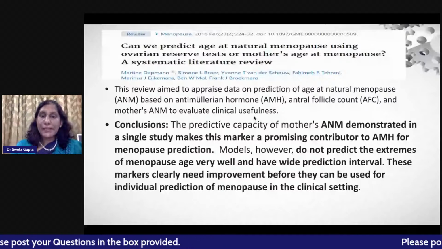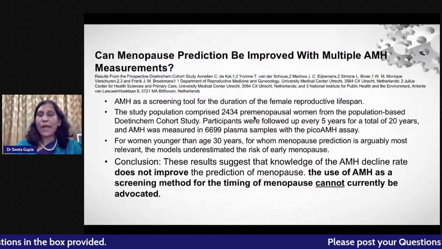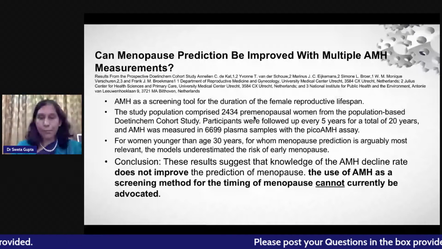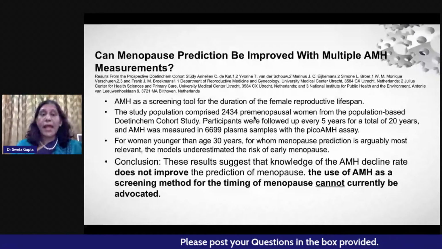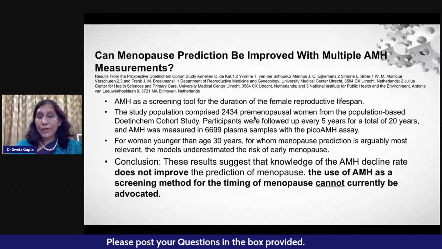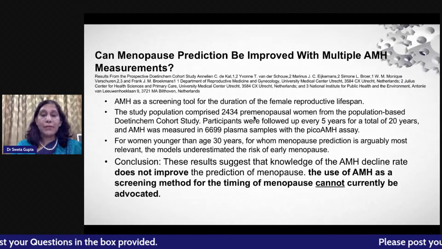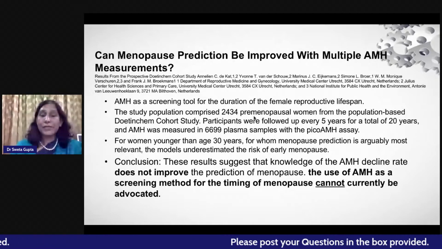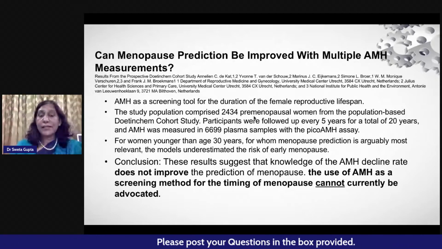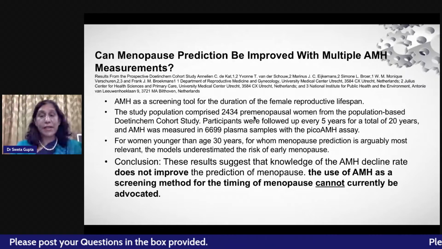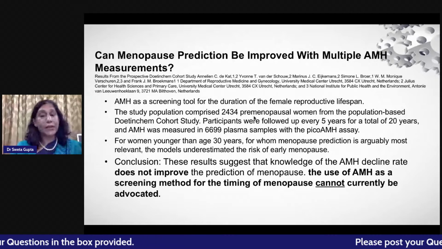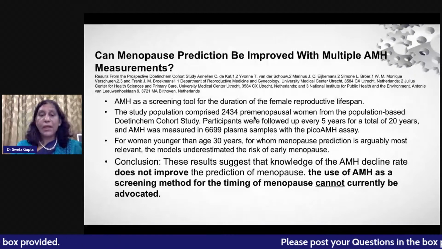There was another study which said, okay, instead of one AMH, we'll look into multiple AMH measurements. They looked into about 2,400 premenopausal women, and what they found is that for women younger than 30 years, for whom menopause prediction is arguably most relevant, the model underestimated the risk of early menopause.